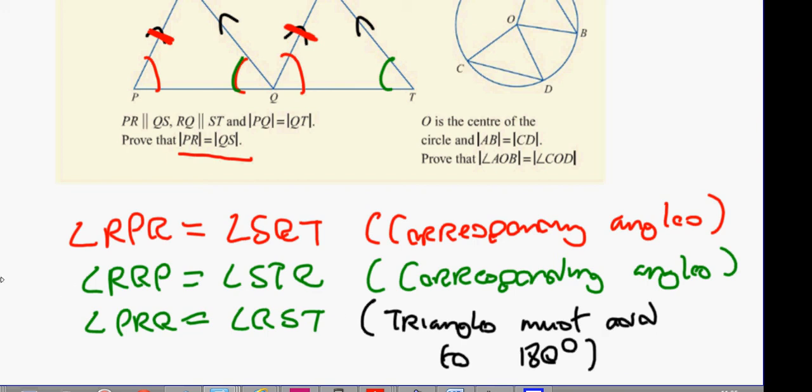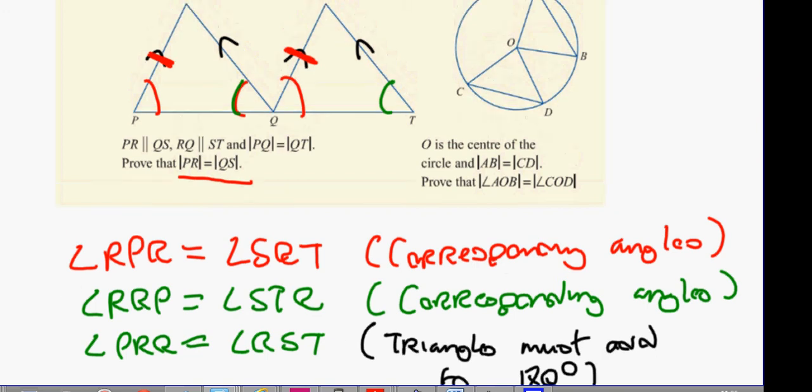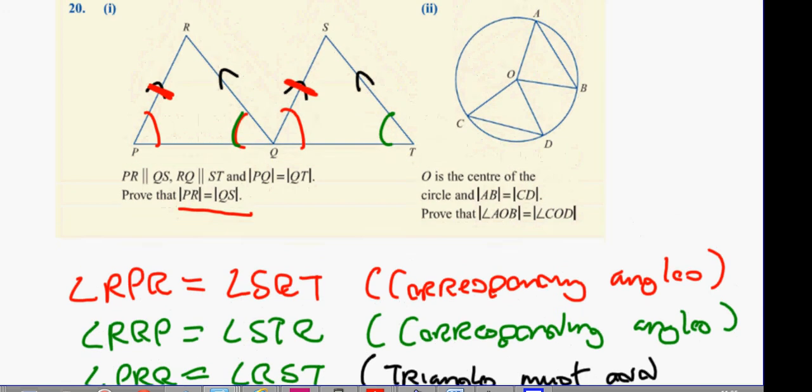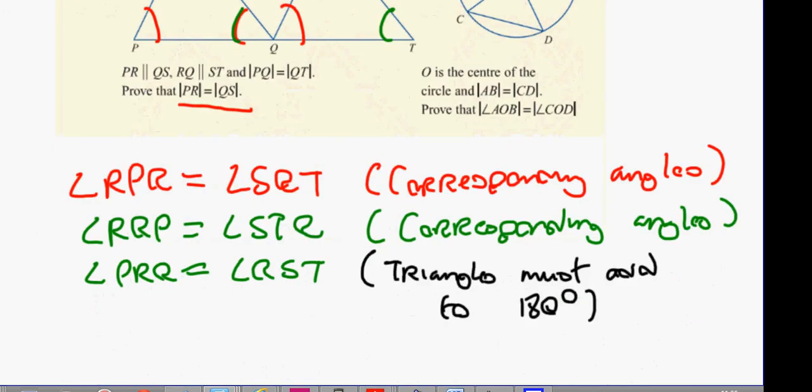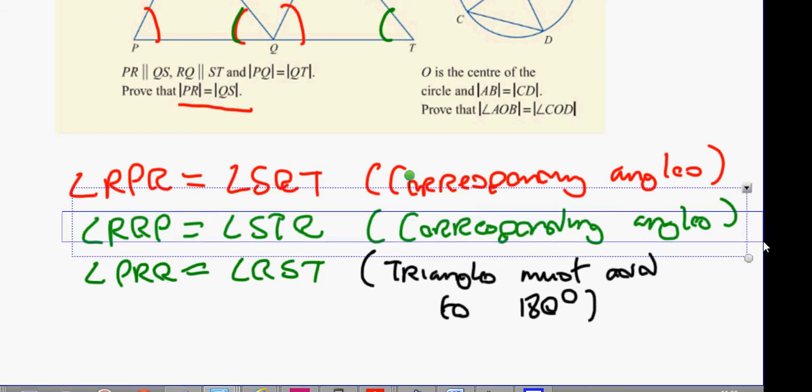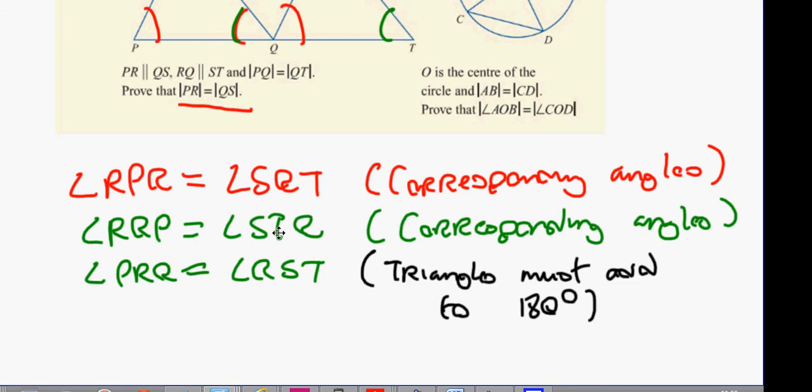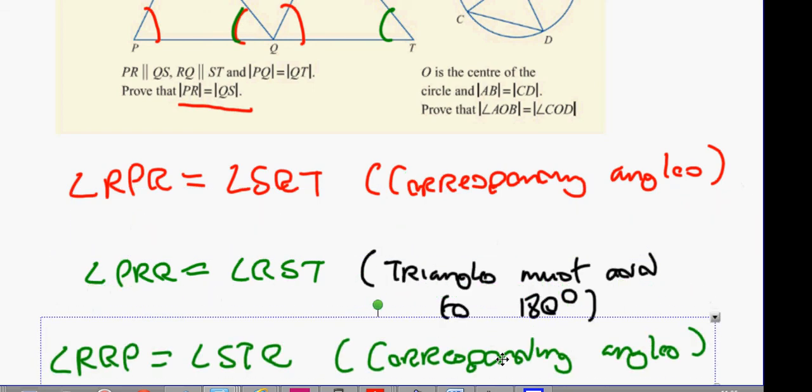Now finally, PQ. If I was to just put this down here for a minute, and then finally, what I'm going to do last is I'm going to write down what they told us at the start.